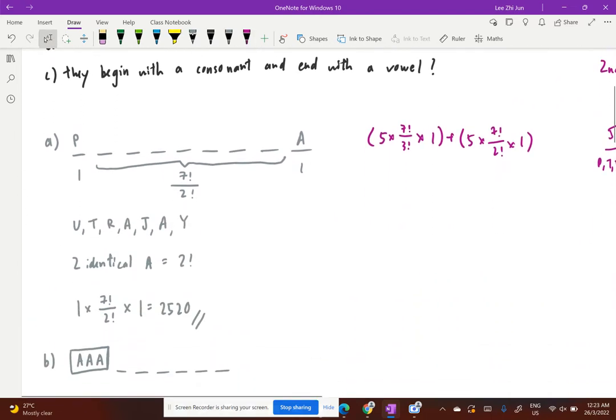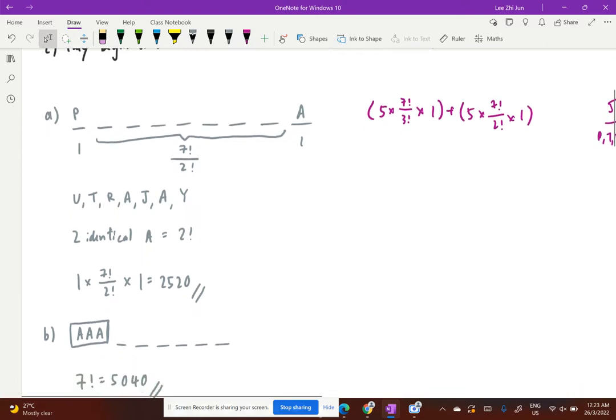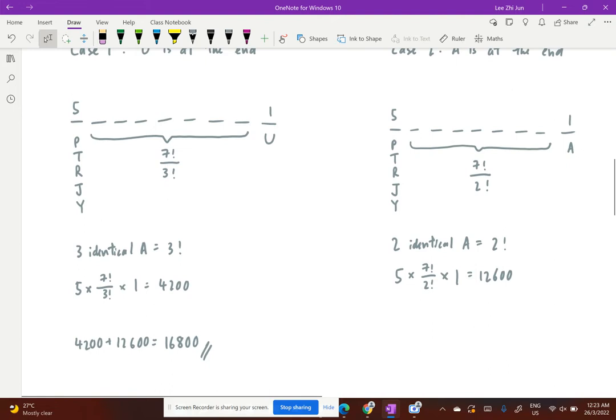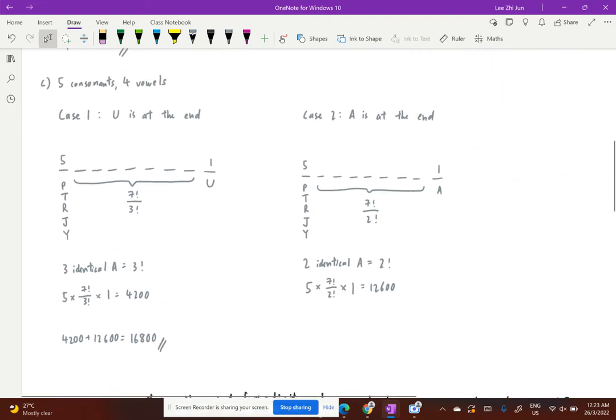So here's the answer. Case 1 is U at the end, and case 2 is A at the end. So I just add on 4,200 and 12,600, so I will get 16,800.